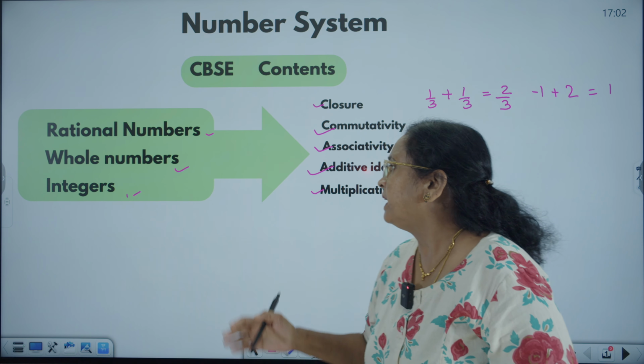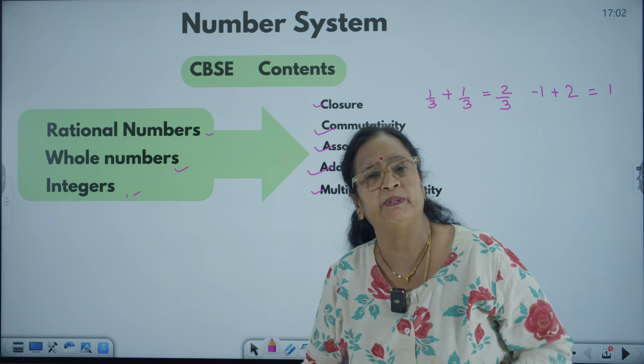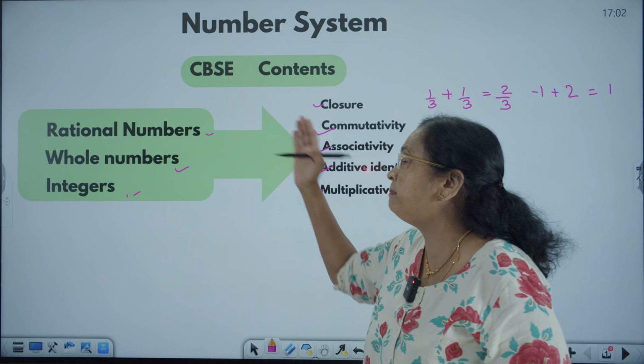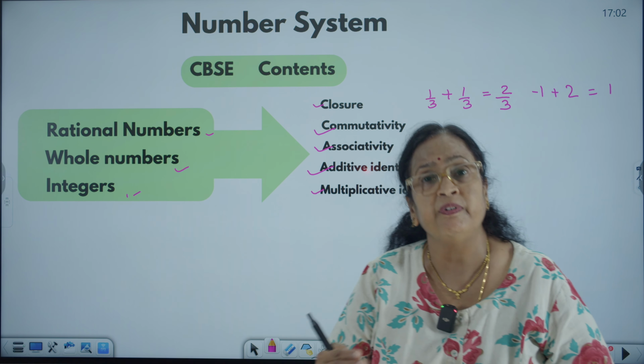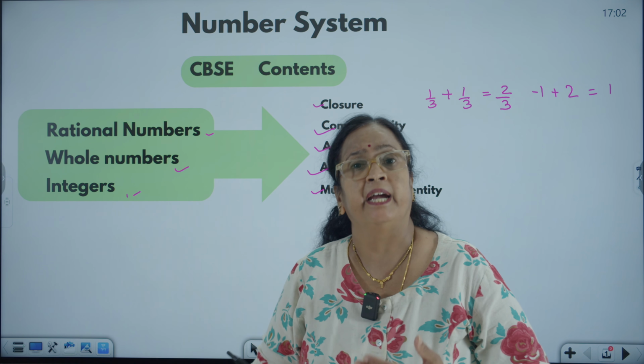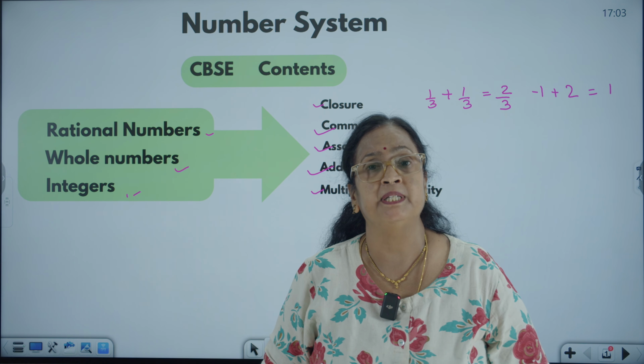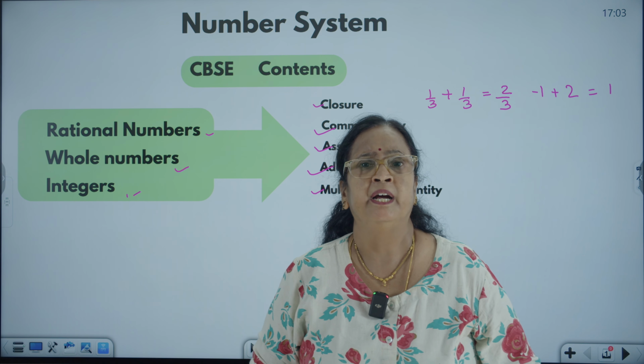Alright. Now, when we are finished with all these properties under the CBSE content, we will be moving on to the mathematical operations of each, like addition of rational numbers and subtraction of rational numbers, multiplication and of course division.